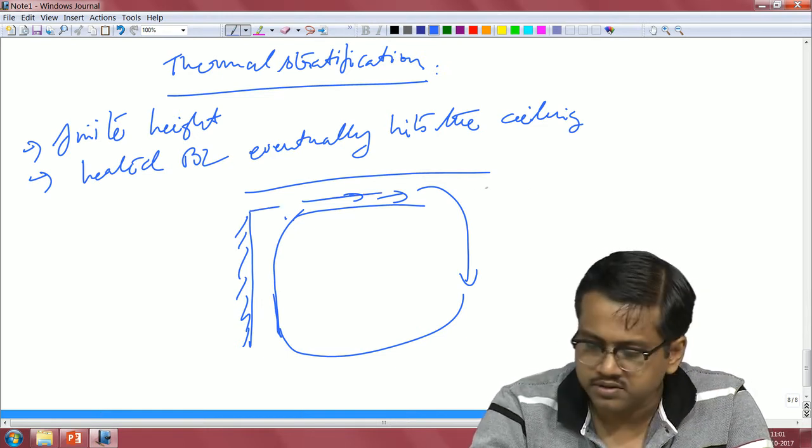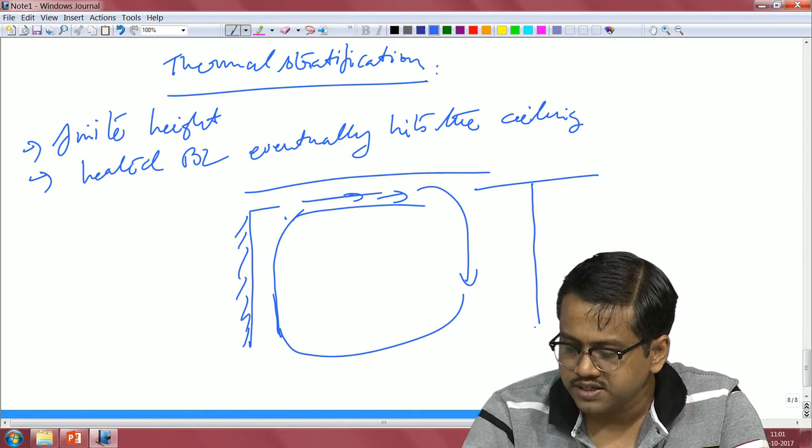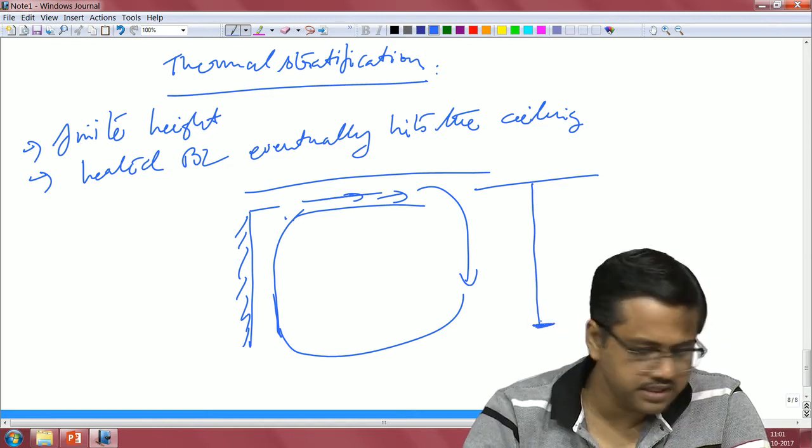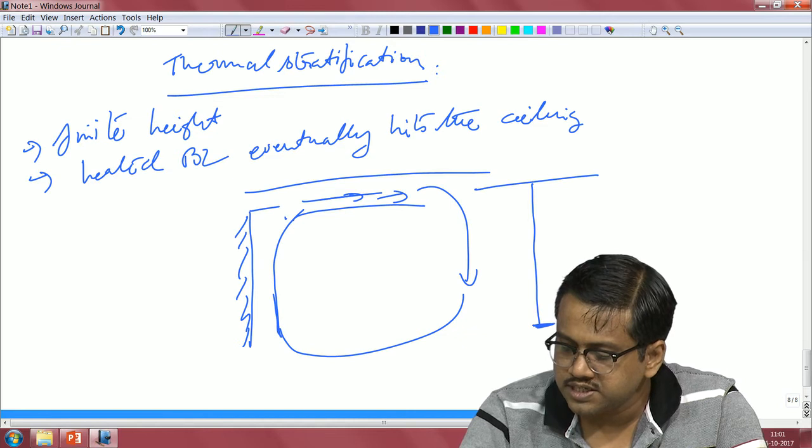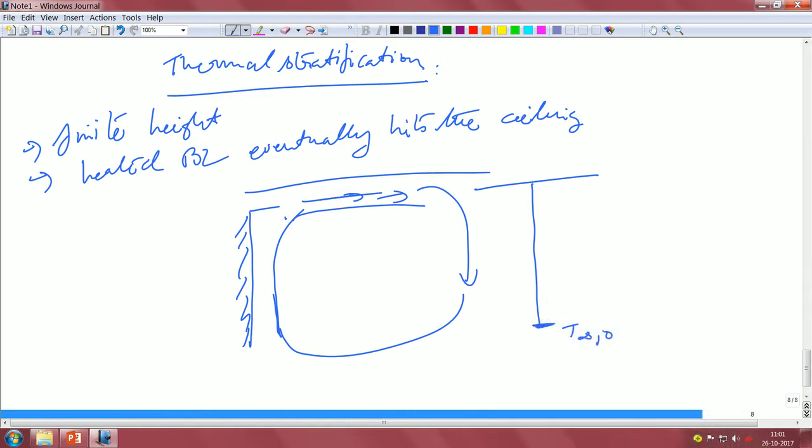So, if this is the height of the wall or the height of the ceiling, whatever you call it, here the temperature is T infinity 0. That means it is the ambient temperature at the base of the room, so to say.